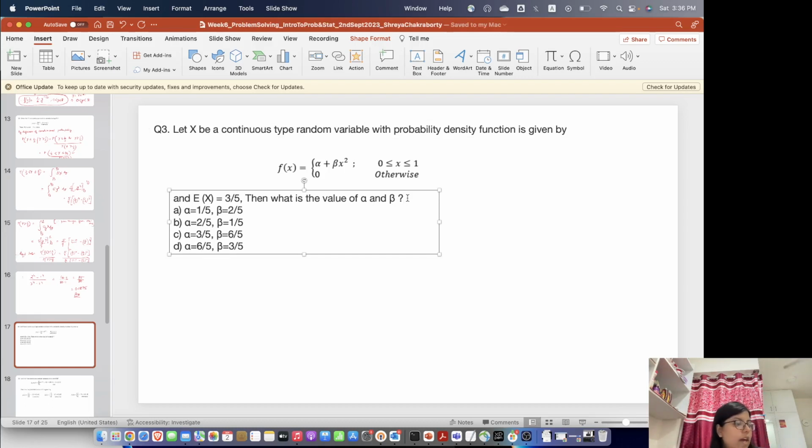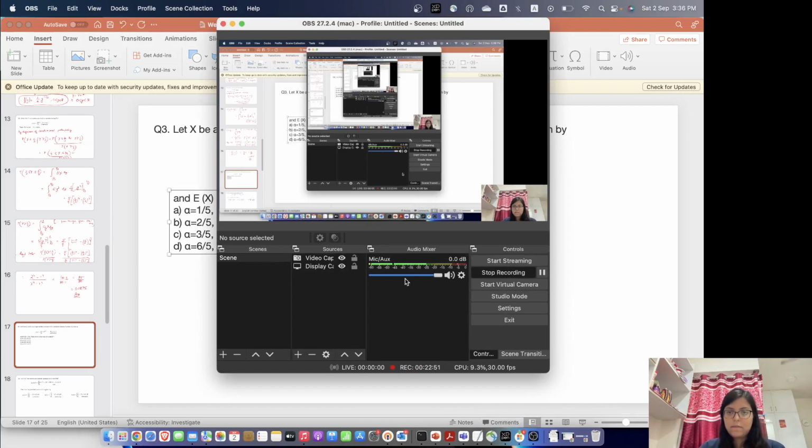So here we have two unknown parameters, so we should have two independent equations in order to get unique values of these two unknown constants.